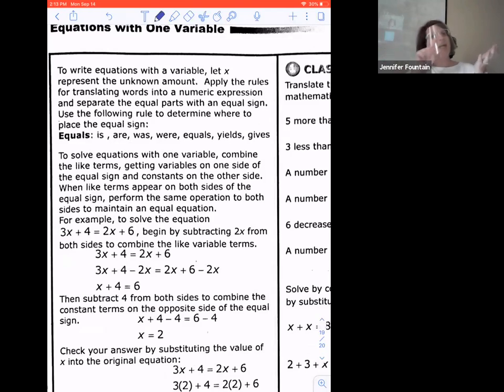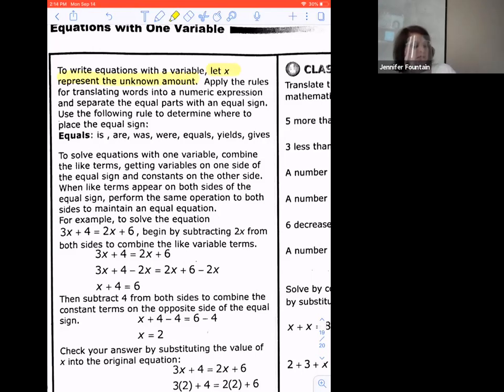Anytime you see that equal sign in between, I know that this side is supposed to be equal to this side, okay? That's how we're able to work with equations, because as long as I keep them equal to each other, I can work it down and solve for whatever the variable is. So it says to write equations with a variable, we want to let x represent the unknown amount, okay?